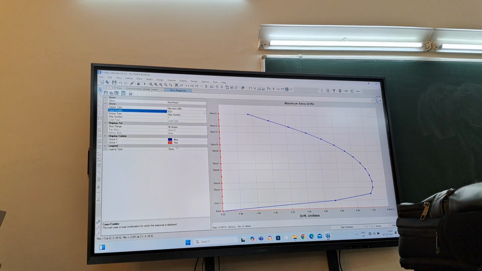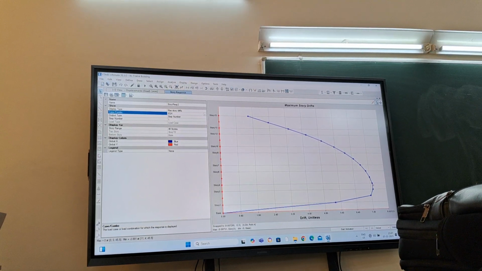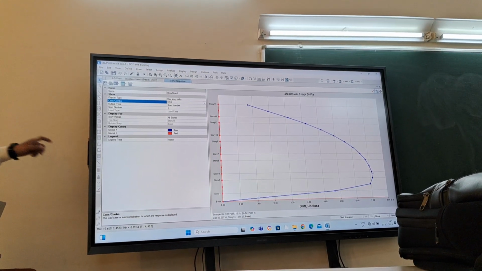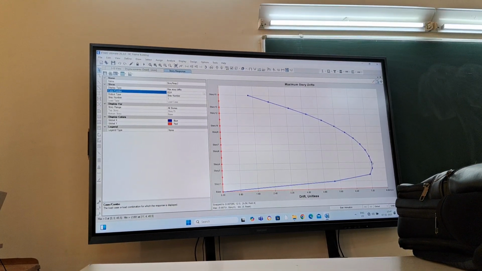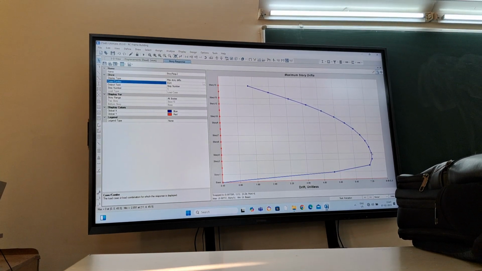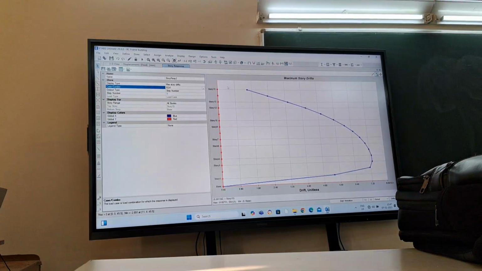This is the static load case. Here you see how much you are getting. Maximum is 0.00729. You can read the values at the bottom of the curve. So this is from the equivalent static load case.